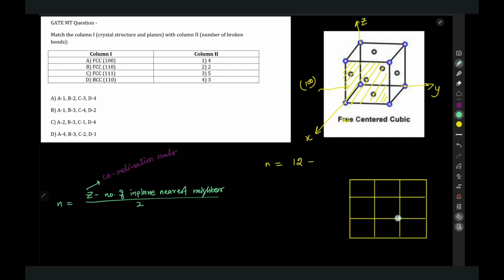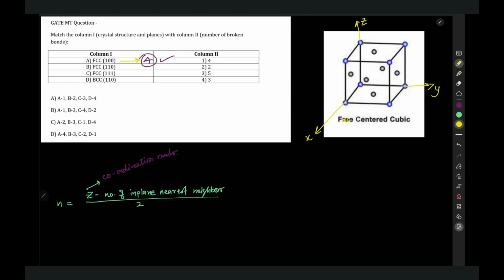If we place the atom here and want to calculate the number of in-plane nearest neighbors, then in the same plane we can see there are 4 face center atoms connected to the nearest neighbor. In-plane nearest neighbor atoms will be 4 divided by 2. It will be 8 by 2, that is 4, the number of broken bonds for FCC. So for this option there will be 4 broken bonds.